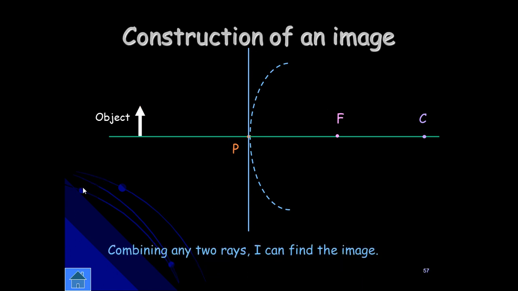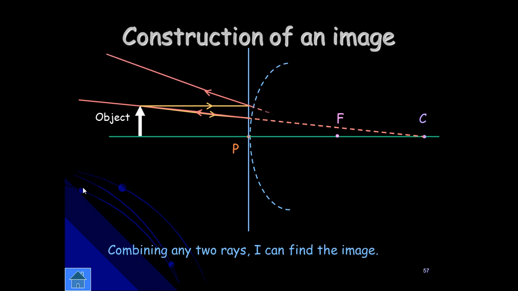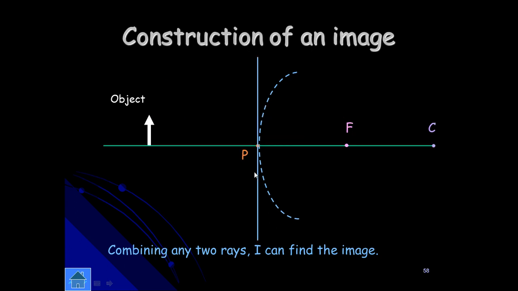So combining any two rays, we find where the image is. It doesn't matter which ones you use as long as you are comfortable and confident which ones. That would be my principal one, that one there, and then just a dotted line back, and that would be my second line with a dotted line back.